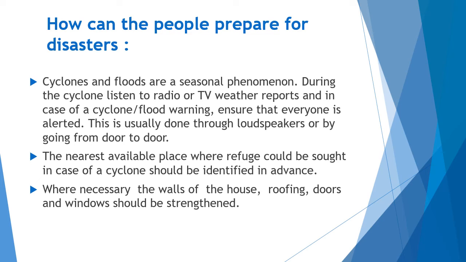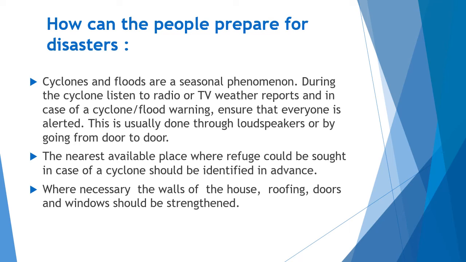And the nearest available place where refuge could be sought in case of a cyclone should be identified in advance. Mostly when they are vacating the place, suppose it's a problem, the government announces that those who are living in the coastal areas should be taken to a safe place.